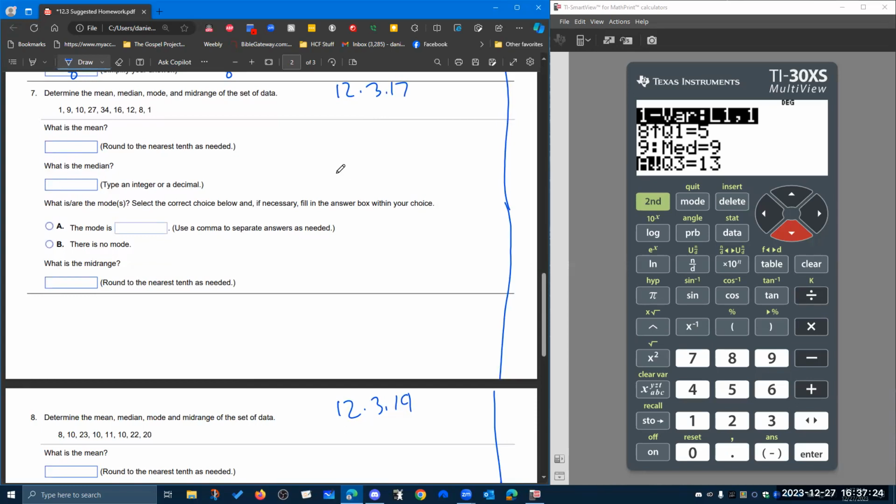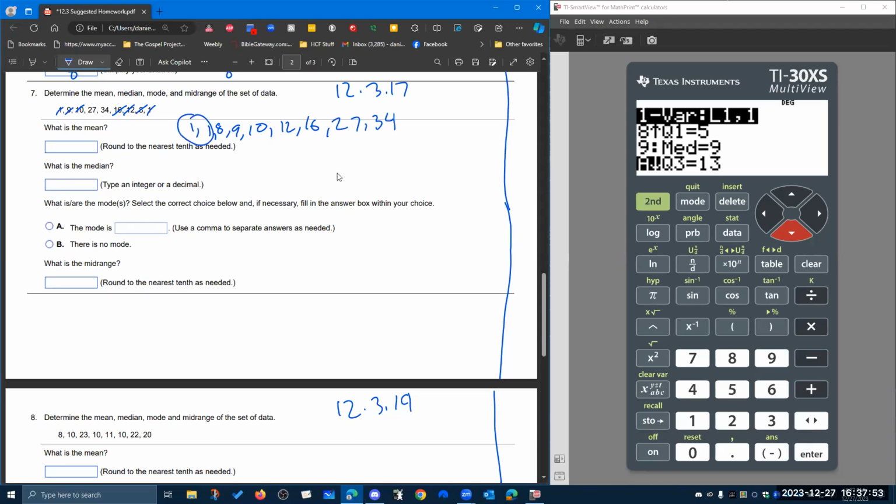Let's go ahead and try and sort these before I put them into the calculator here. 1, 1, 8, 9, 10, 12, 16, 27, 34.